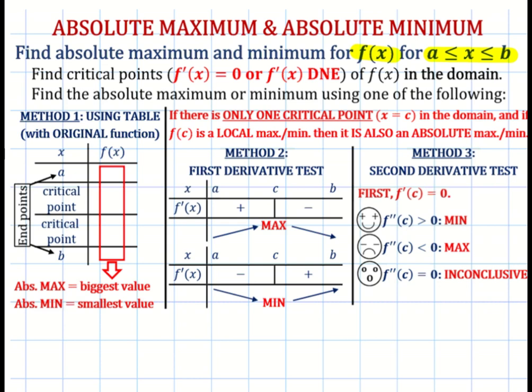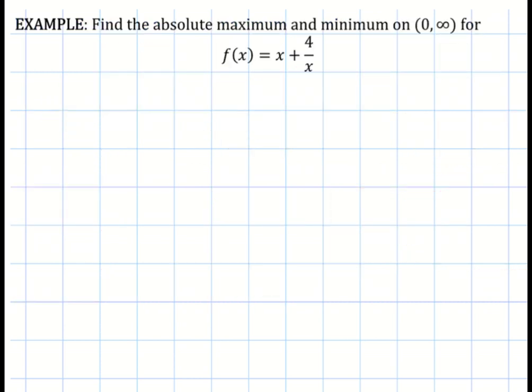And in our problem, we have x between 0 and infinity. It is not closed, so we may or may not have an absolute maximum and absolute minimum. So the first thing we do is to find the critical point or critical number.